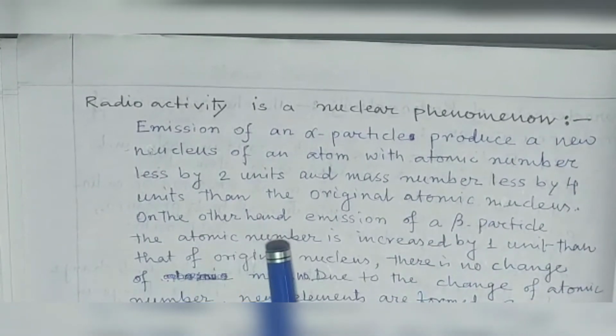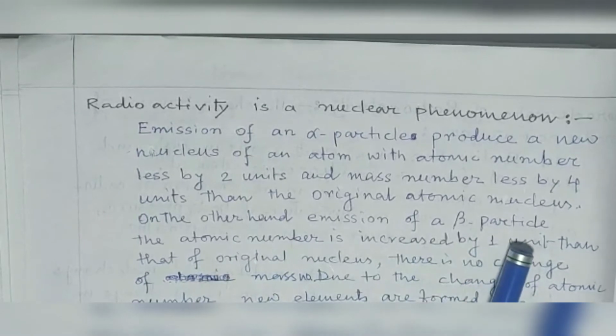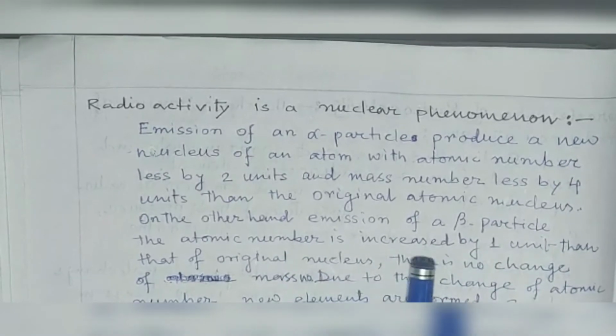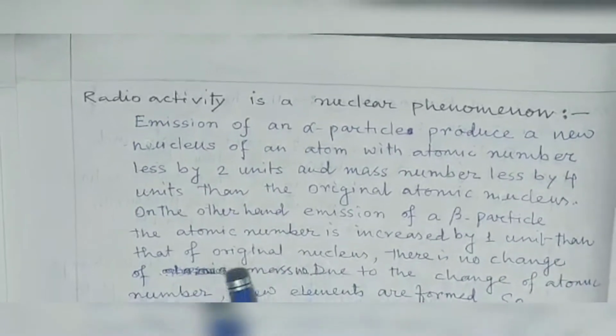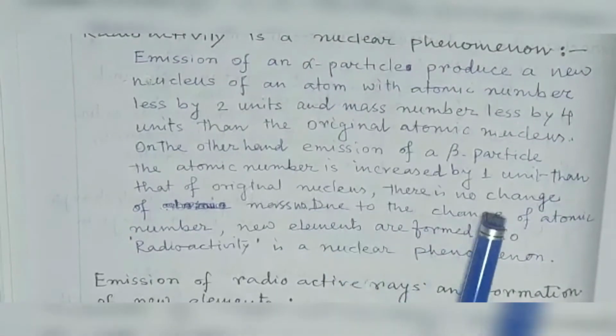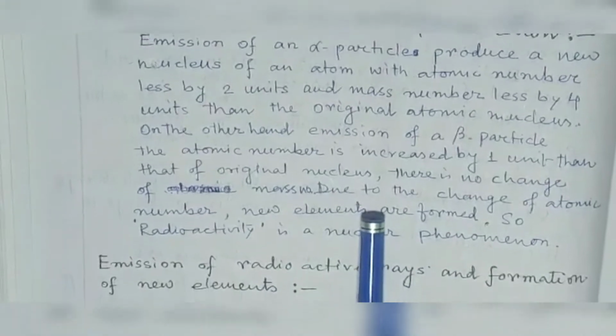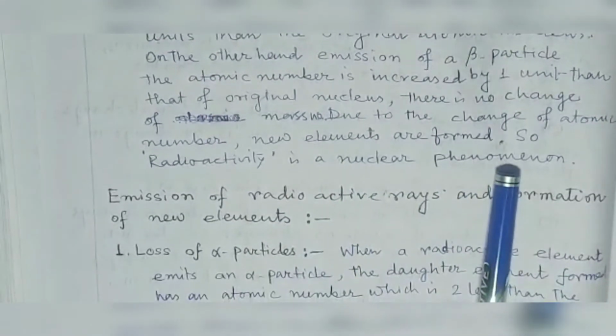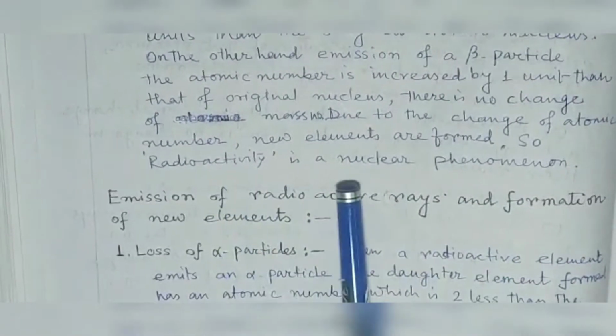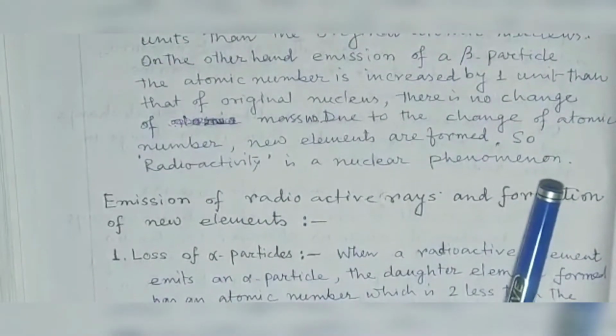On the other hand, emission of a beta particle increases the atomic number by 1 unit, with no change of mass number. Due to the change of atomic number, new elements are formed. So radioactivity is a nuclear phenomenon.